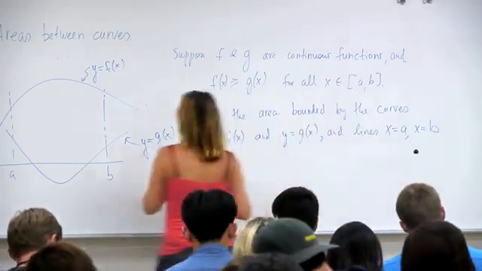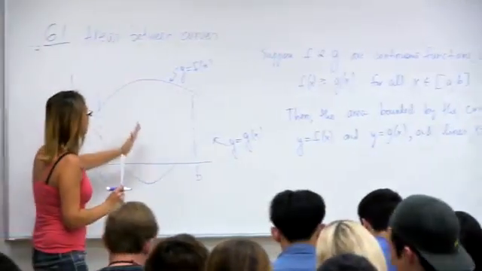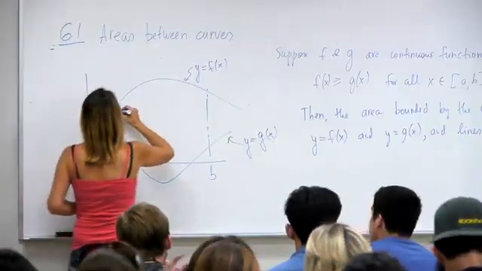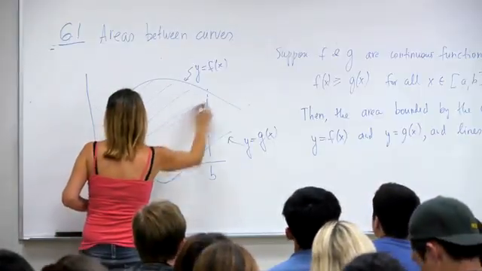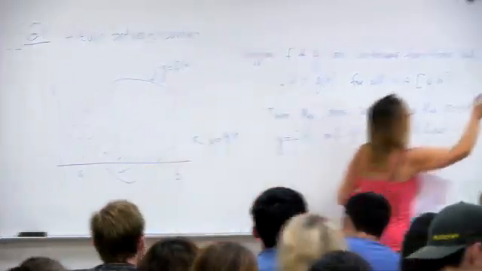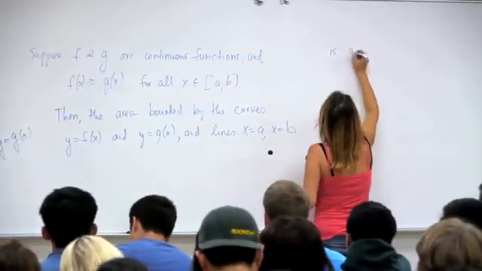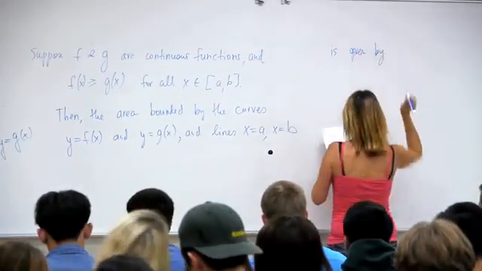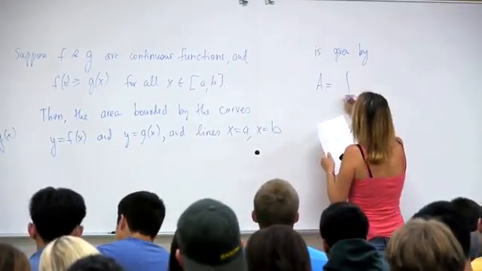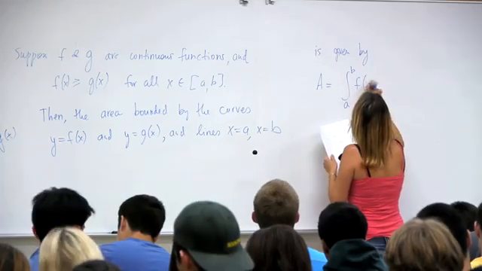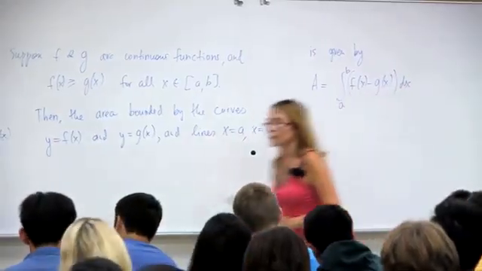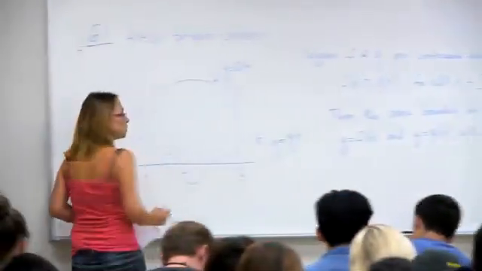So we want to calculate the area bounded by the two curves on the top and at the bottom, and between the two vertical lines, x equals a and x equals b. So it's this region. Okay. This area, and I continue here, is given by the integral between a and b, f of x minus g of x dx. Okay. So this is just a formula, but how do we really do it?